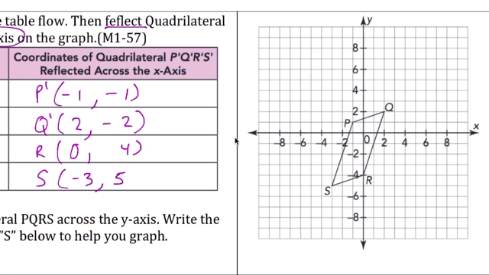P, negative 1, 1, right there. Q is 2, negative 2, right there. 0, 4, right there. 3, negative 3, 5, right there. Connect the dots. There we go.